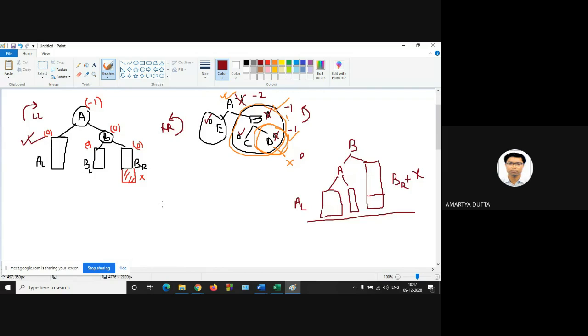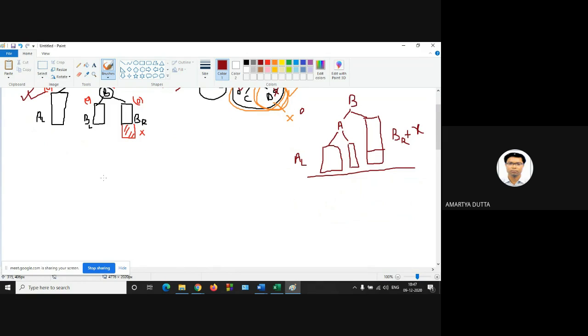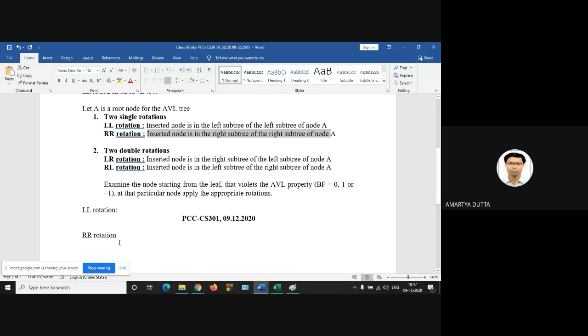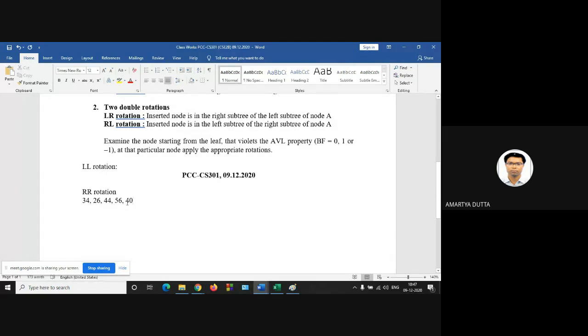Let us have an example. Let the tree be a binary search tree with 34, 26, 44, 56, 40 given.